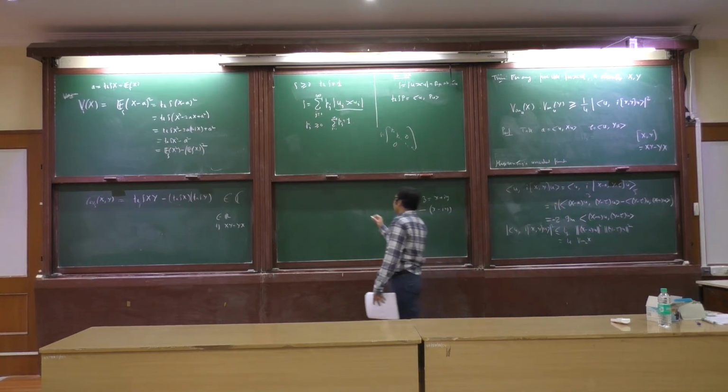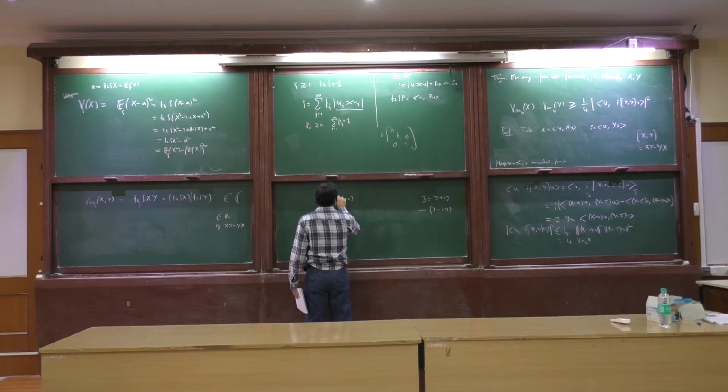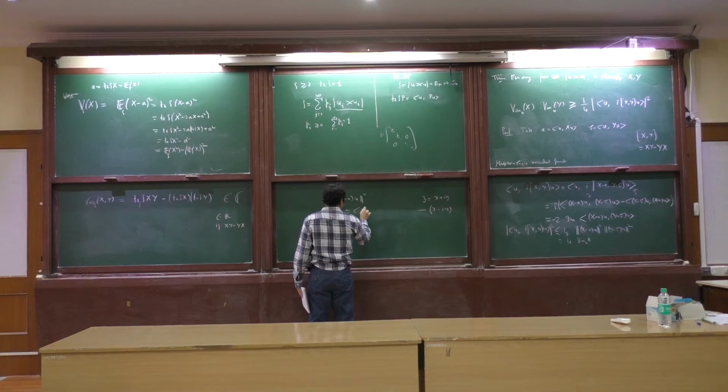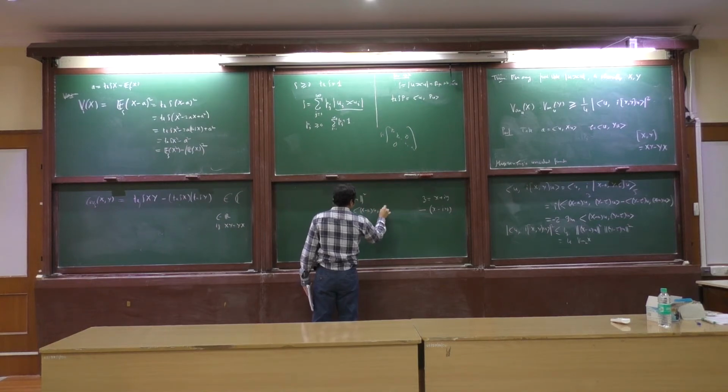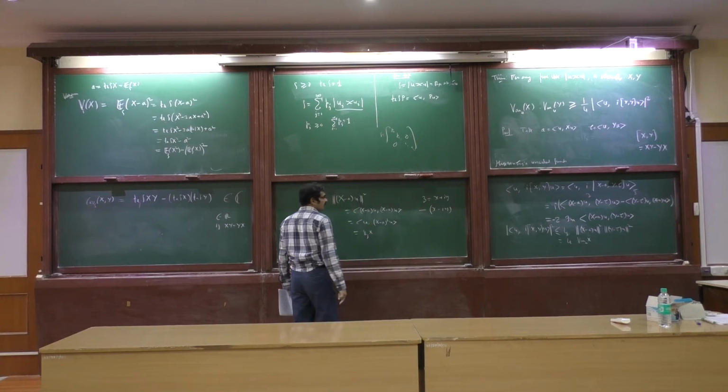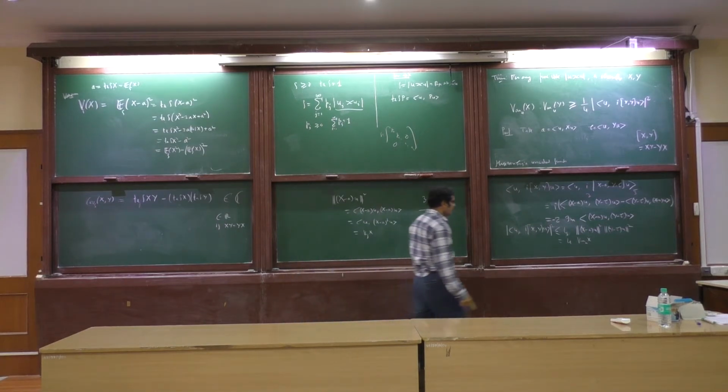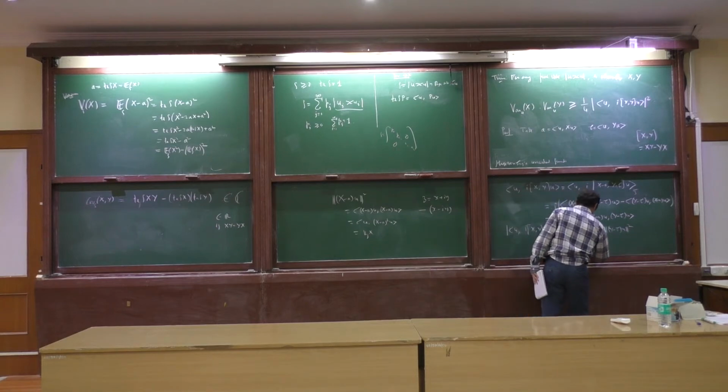The norm square of (x minus a)u is just (x minus a)u, (x minus a)u, which is (x minus a) whole square, which is the variance of x, because a is the expectation. So this is 4 times the variance of x and the variance of y.